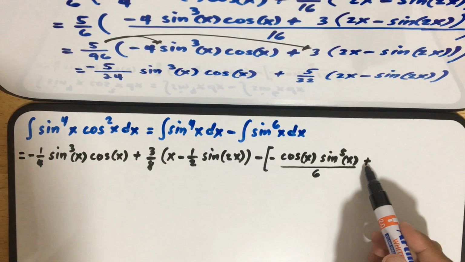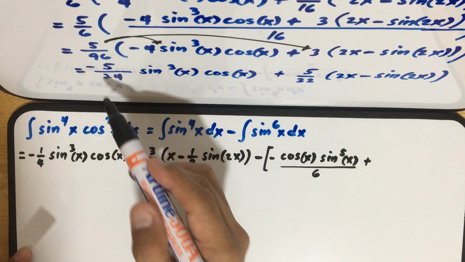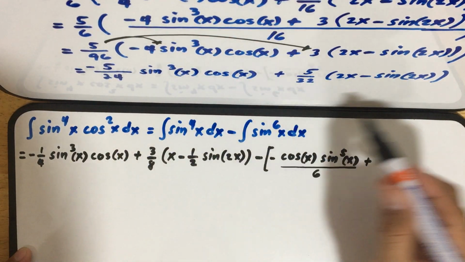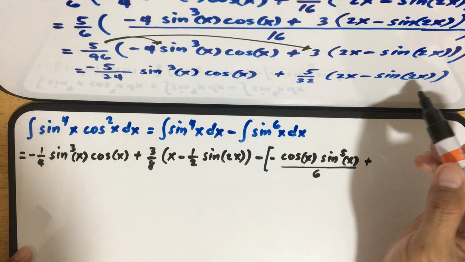Okay, so plus, then you have here a negative. So you just copy all this, plus the whole thing. It means you retain the sign of this one.